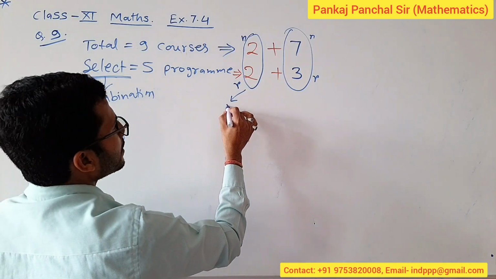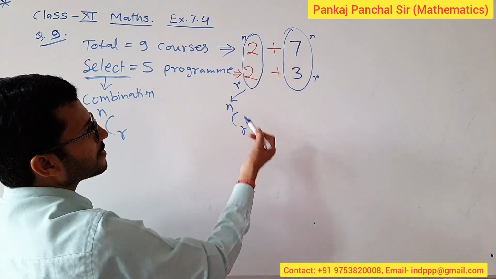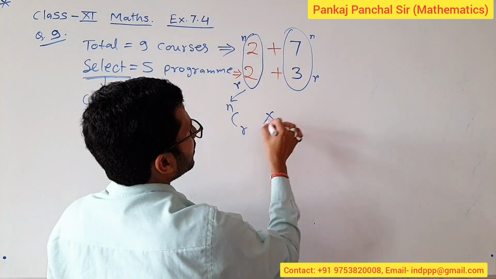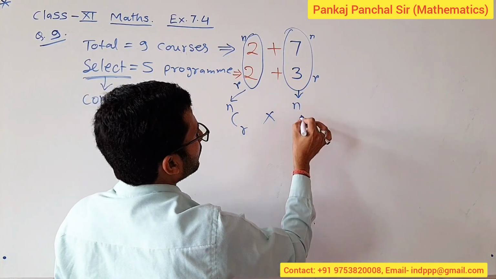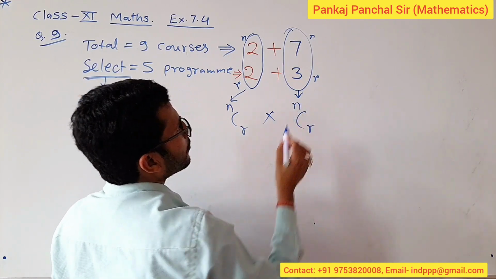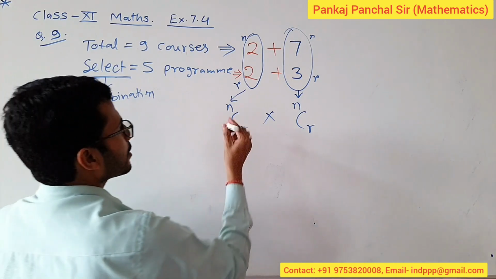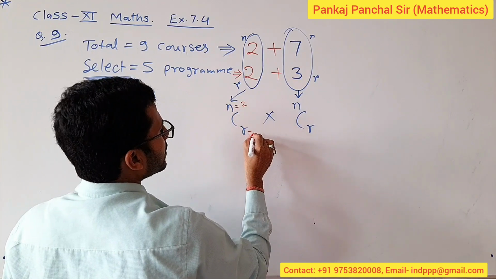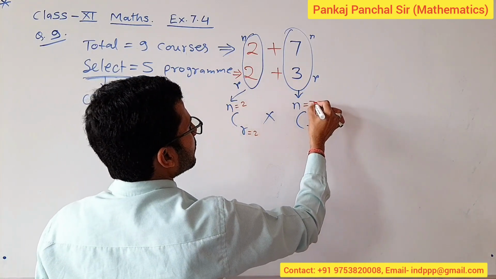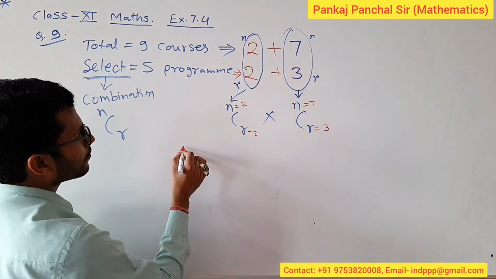So here is nCr, and the value of n is 2 and r is 2, and here nCr with n as 7 and r as 3.